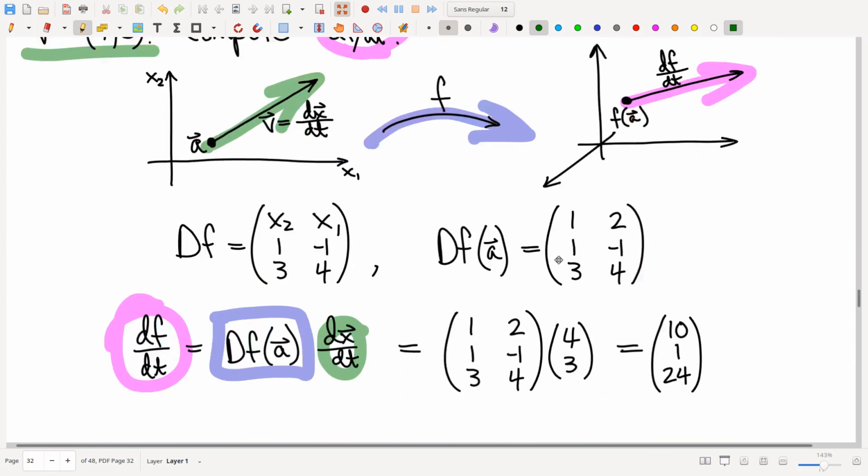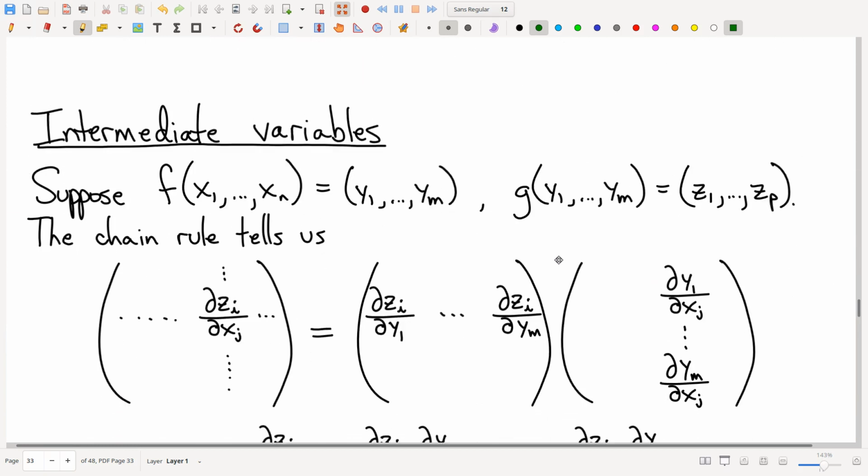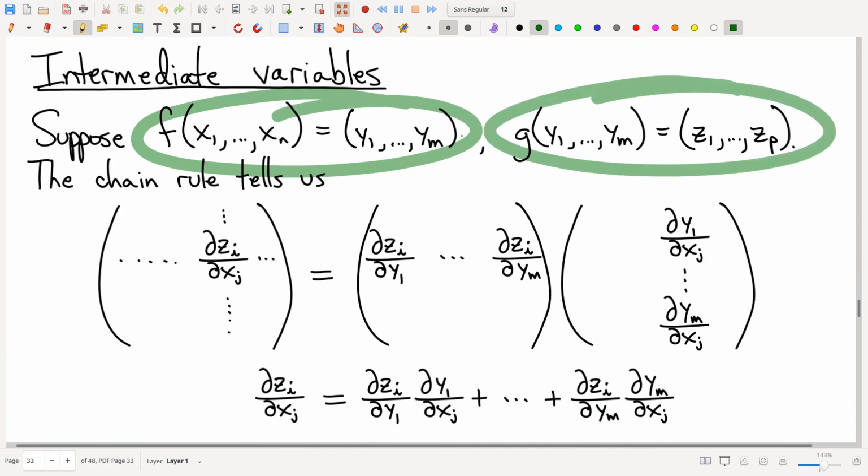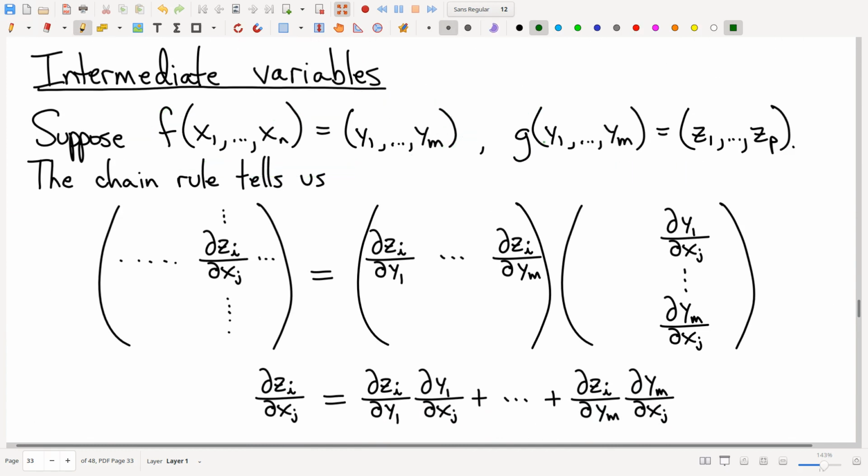But that said, here's an alternative take. Suppose I'm composing these two functions. Notice that what comes out of F is also what goes in to G. So this is literally a concatenation of two functions about which we'll be interested in the composition. And here's the chain rule.